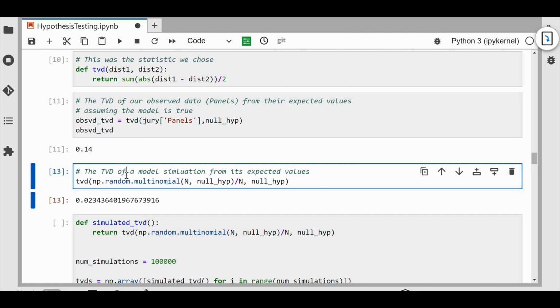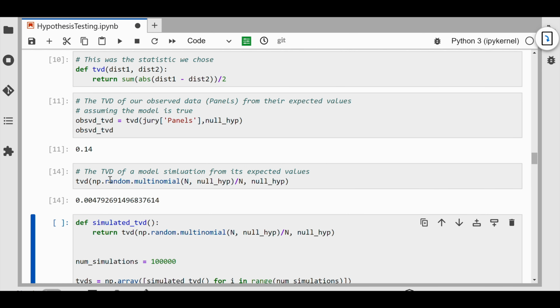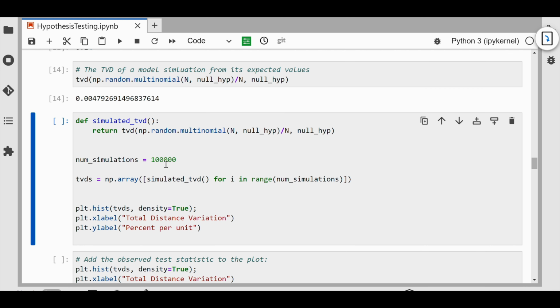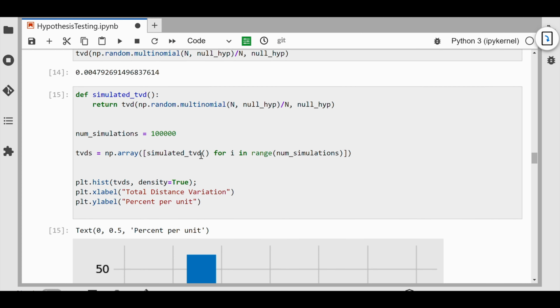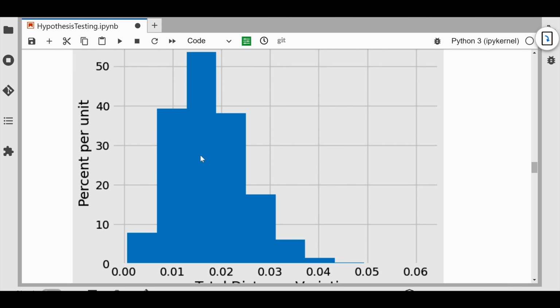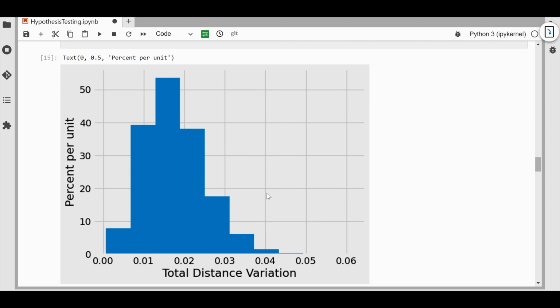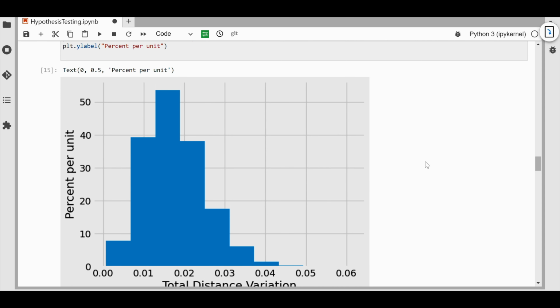I could do it again, I could do it again, and this is what I want to create a distribution of. What are possible TVD values I would see, given my assumed underlying eligible population distribution? So here I'm going to just run this. Let's do 100,000 times. And I'm going to plot our distribution. So this is our distribution of our test statistic, assuming the null hypothesis is true. Right?